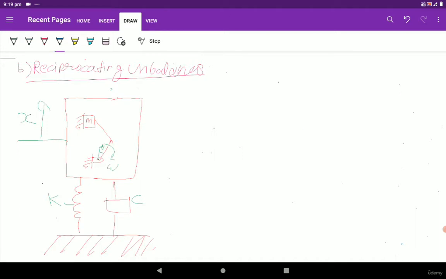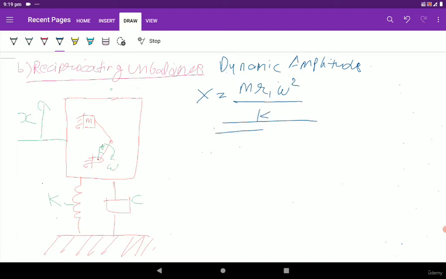The dynamic amplitude is equal to x is equal to m r1 omega square divided by k, which is further divided by under root of (1 minus r square) whole square plus (2 zeta r) whole square.